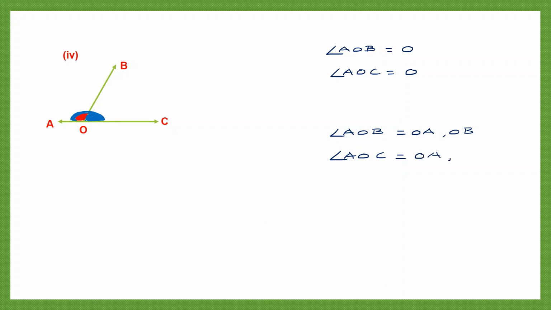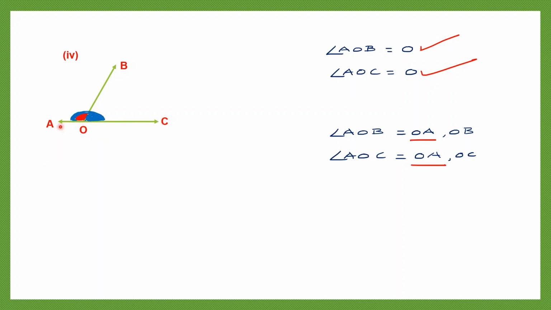OA and OC. So here also they have a common vertex, they have a common arm, but is this common arm in between the other two arms? So OA is the common arm, but is that coming in between the other two arms? No. We have one arm here and the other arm on the same side. It should have come to the opposite side.